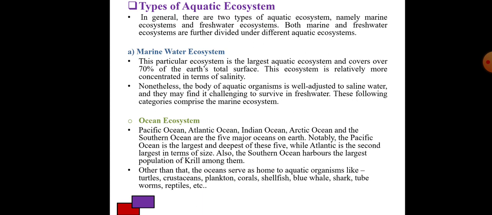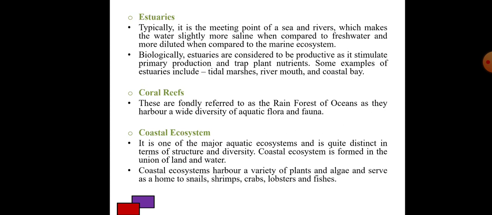Other than that, the ocean serves as home to aquatic organisms like turtles, then crustaceans, planktons, corals, shellfish, blue whales, shark, then tube worms, reptiles, etc. These are some examples of this ocean ecosystem.